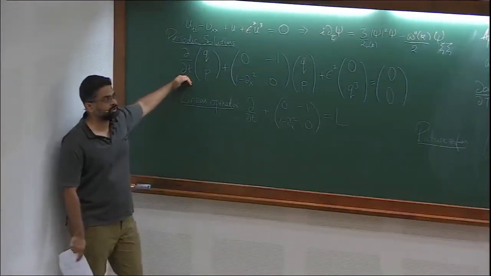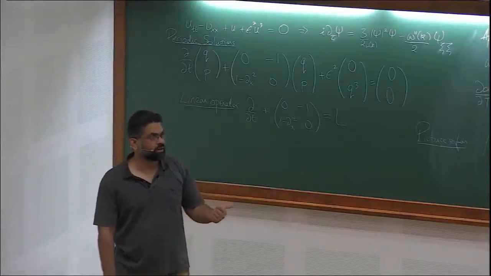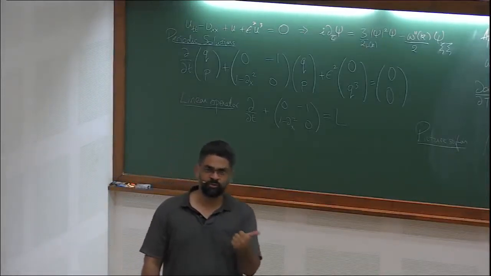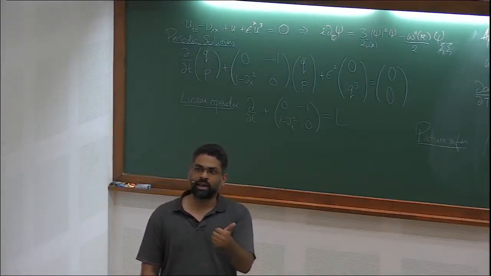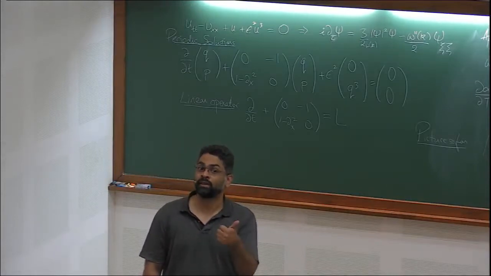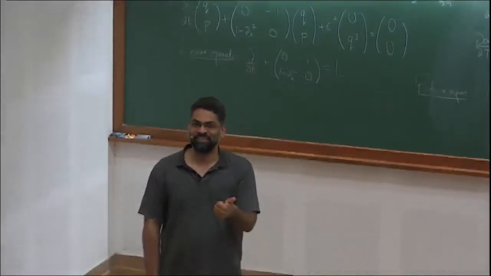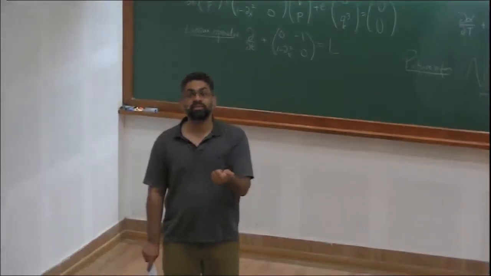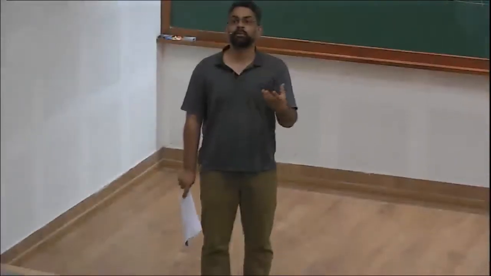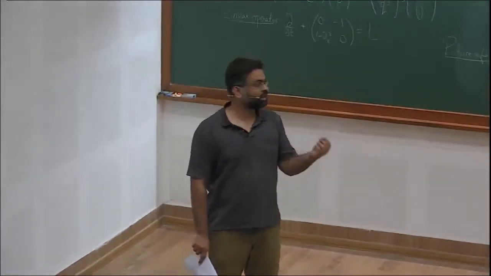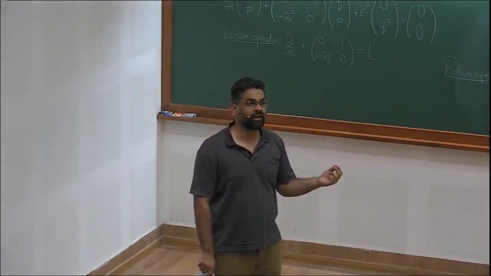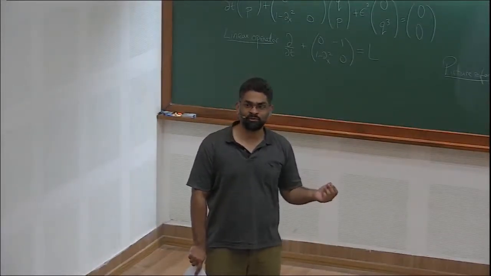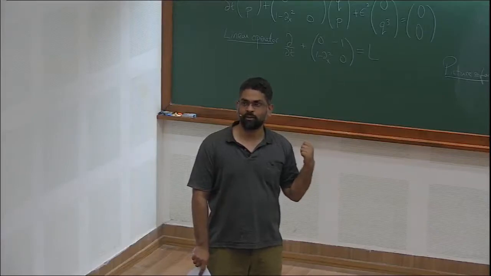The time derivative can act on the exponential, won't give me an epsilon. It can act on an alpha, will give me an epsilon. Or it can act on psi, which will give me an epsilon squared. So if I take a time derivative of psi with respect to tau, I'll get an epsilon squared.